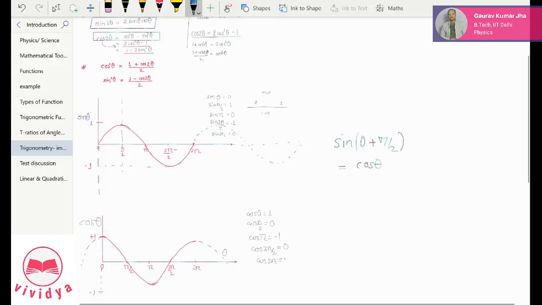If you have sine theta and you go ahead by pi by 2, then the function is similar to cos theta. That's what I mean to say. Anyway, we'll come back to this later in chapters like waves and SHM. But right now, you just remember how the graph looks like.